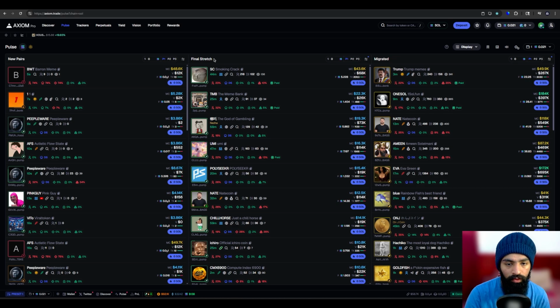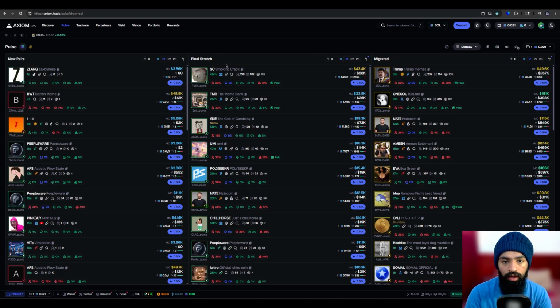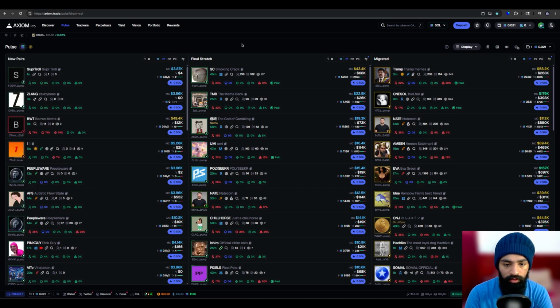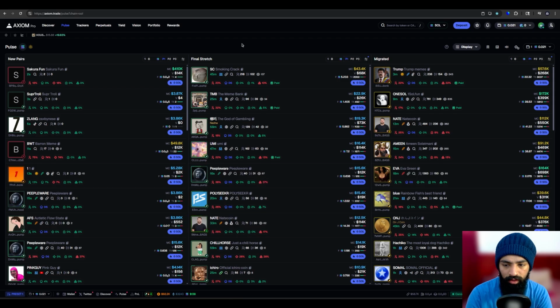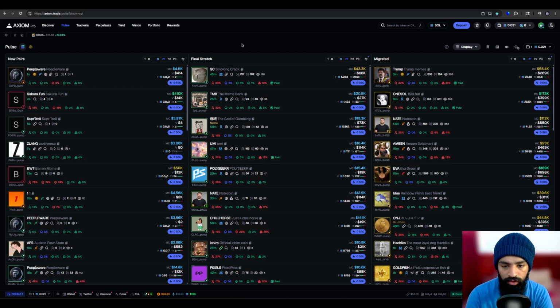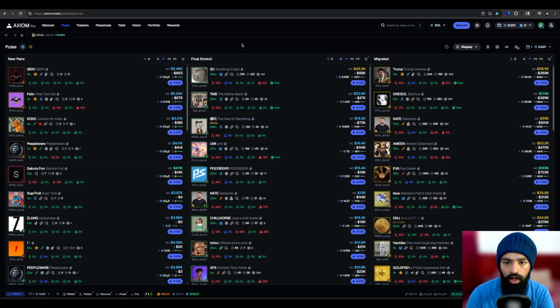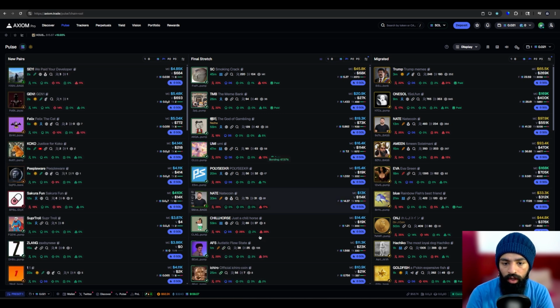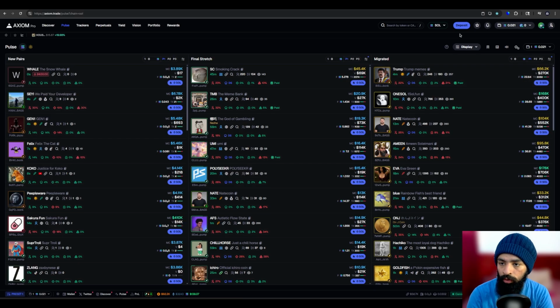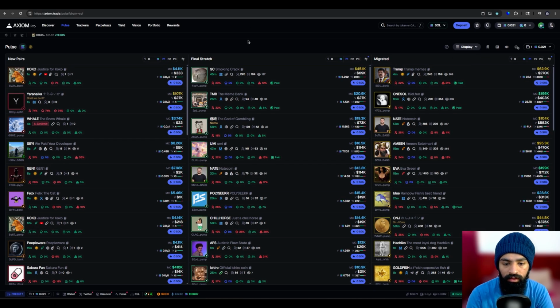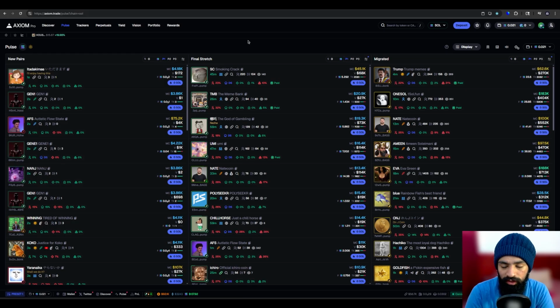In the middle, we have the Final Stretch. These are basically the coins that have some kind of momentum. They haven't migrated yet. Migrated basically just means they reached a certain level of market cap, usually around 50, 60, 70k, and that is when they move to the right. So on the right, you have the highest market cap meme coins. Market cap is basically how much money is currently invested in the coin.